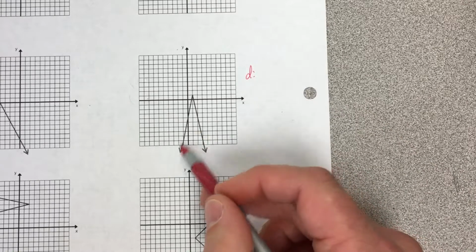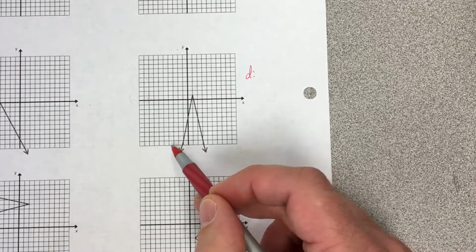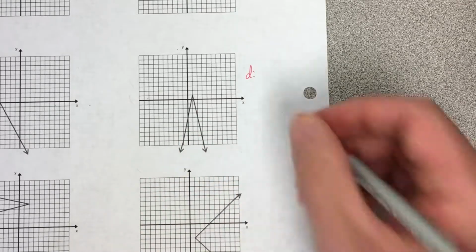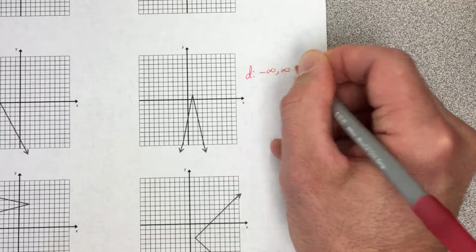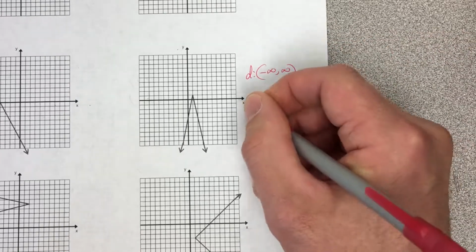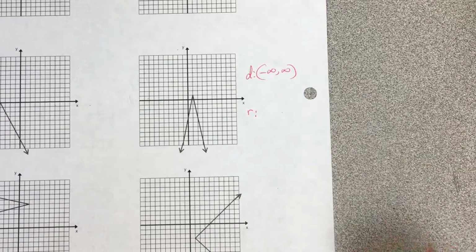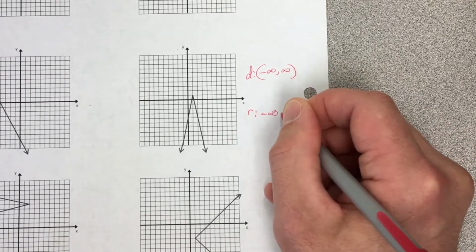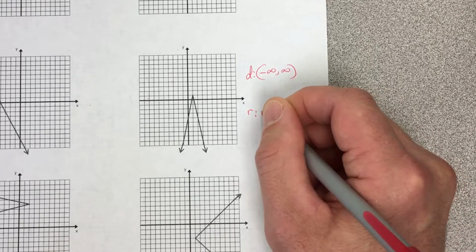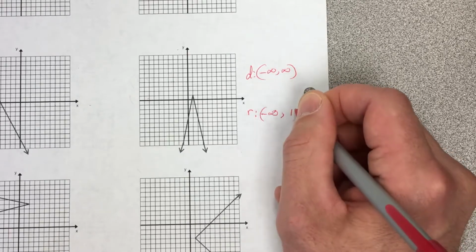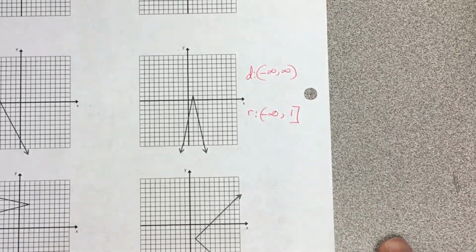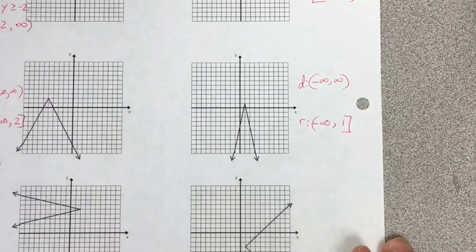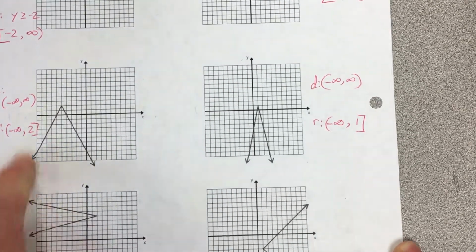On this last one, notice it's pretty steep, but it's still going to go forever to the left, forever to the right. Now, sometimes when people get in a hurry on these last two, they'll flip-flop the range.